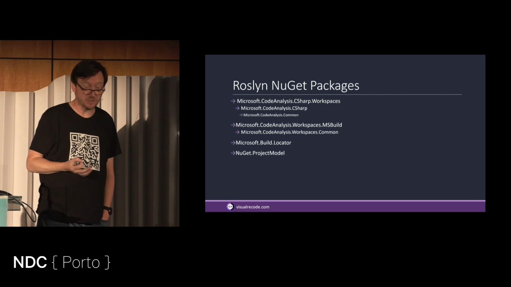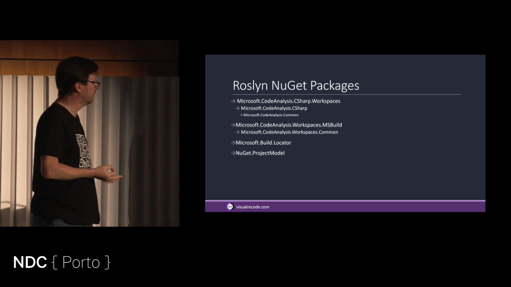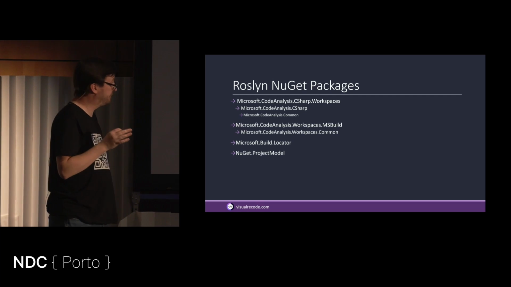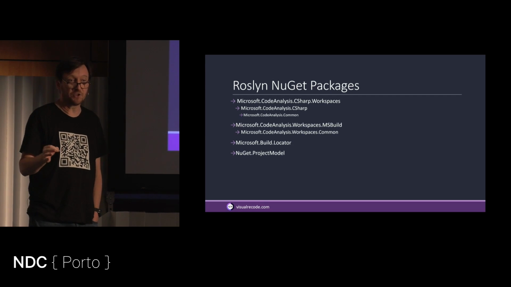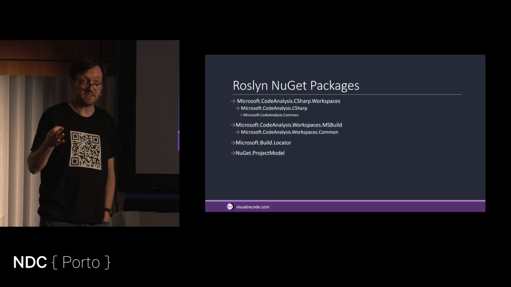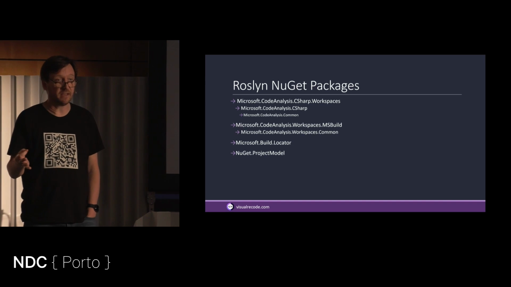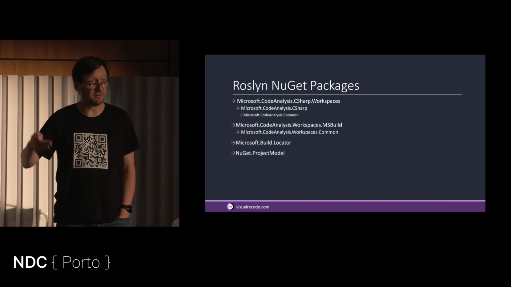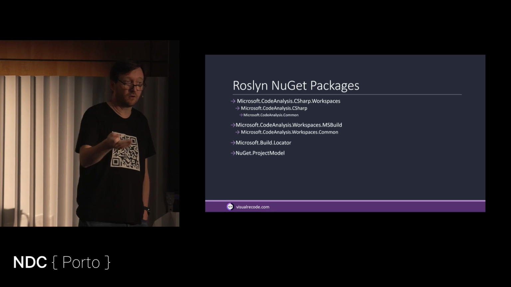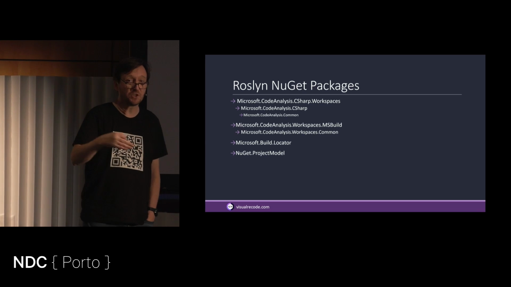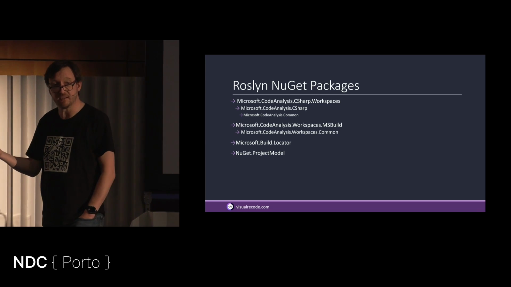We also have Microsoft.Build.Locator, which finds the right version of MSBuild that is installed on your machine. Every time you install the modern .NET SDK, so .NET 6 or .NET Core 3.1, you get a version of MSBuild installed along with that SDK.